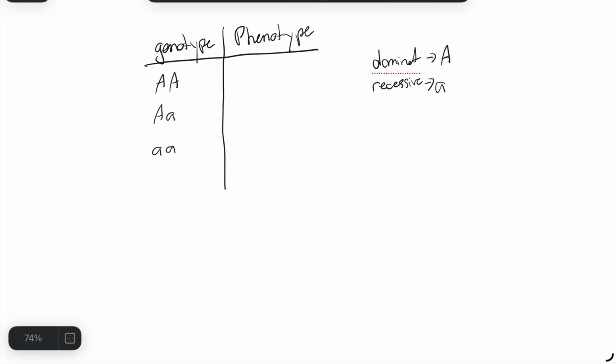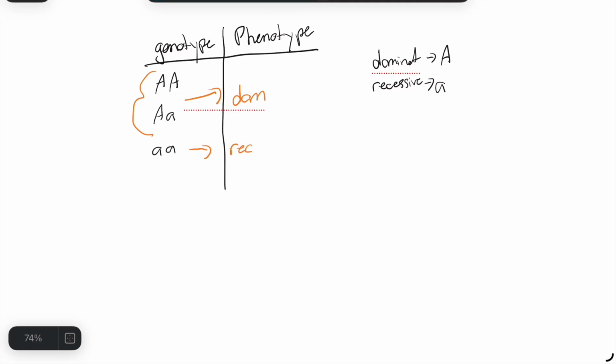If we have a dominant allele, regardless of what the second allele is, we will show the dominant phenotype. If we only have recessive alleles with no dominance at all, we will show the recessive phenotype. That means that both of these combinations will give us the dominant phenotype, whereas only our lowercase a gives us the recessive phenotype.